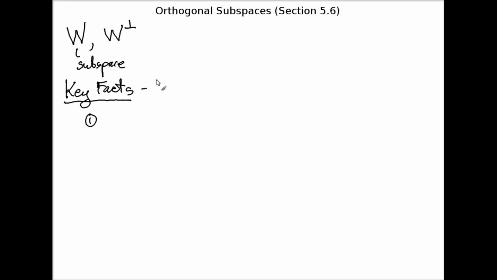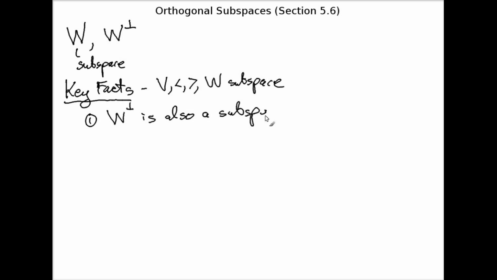Again, we're given our vector space V with an inner product, and W is a subspace. Then the first fact is that W perp is also a subspace. Okay, that's quite an important fact, and it's actually quite easy to see.